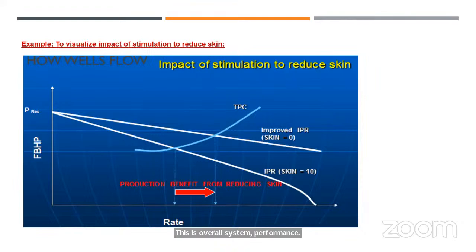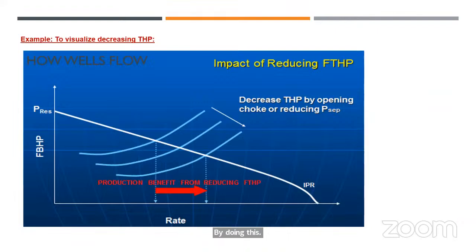We can also evaluate the impact of stimulation, to understand whether doing an acid job or frac job is beneficial for us, or how much gain we can get by doing this sort of stimulation. Sometimes we need to understand how much gain we can reach by only reducing the tubing pressure or wellhead pressure.